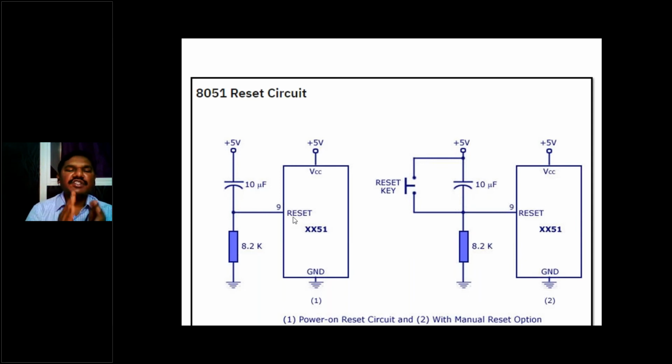Like that, some registers are reset to their initial values. That is power on reset. Whereas in manual reset, even though the system has been switched on, we have to manually reset the system to reset the registers to their initial values. That is the difference between power on reset and manual reset.